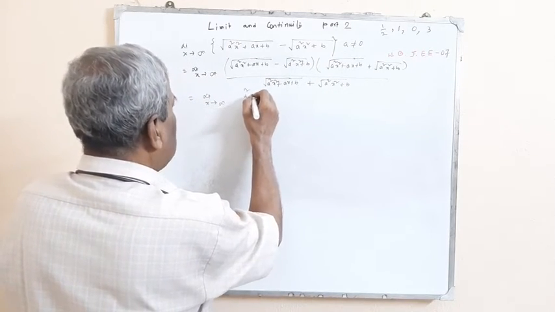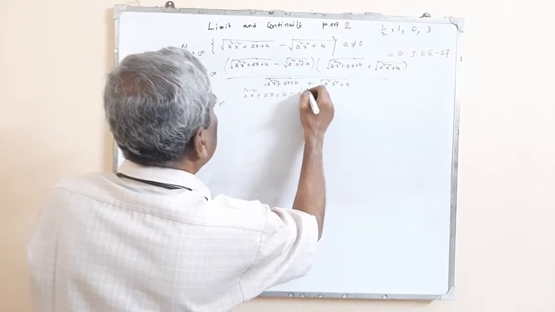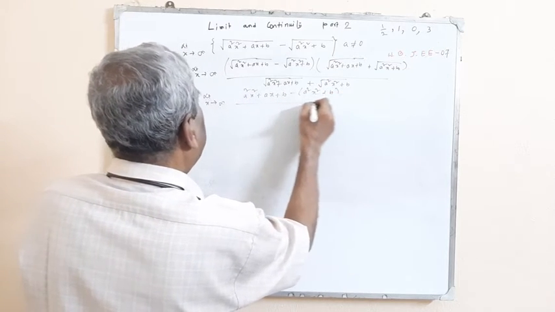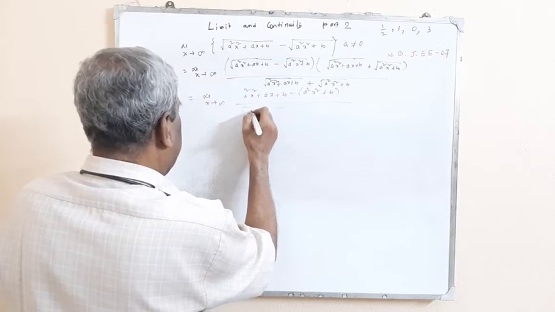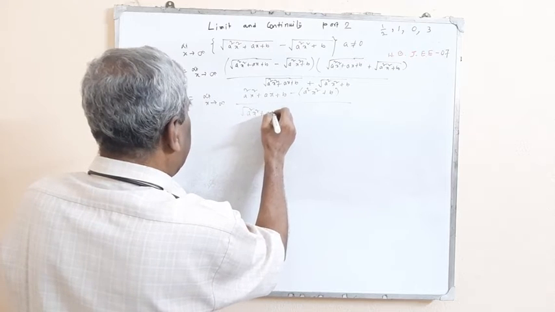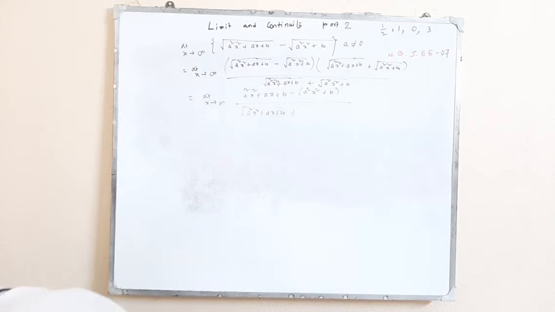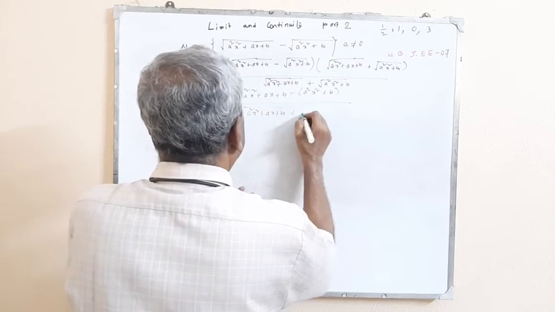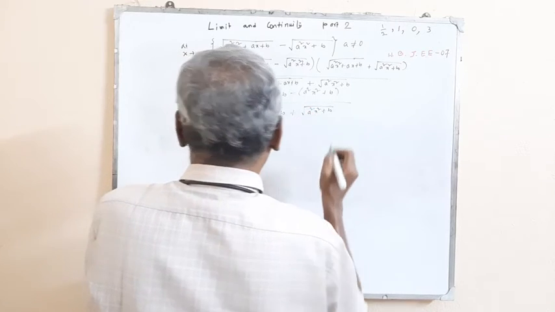So that s square x square plus ax plus b minus s square x square plus b, divided by root over of s square x square plus ax plus b plus root over of a square x square plus b.